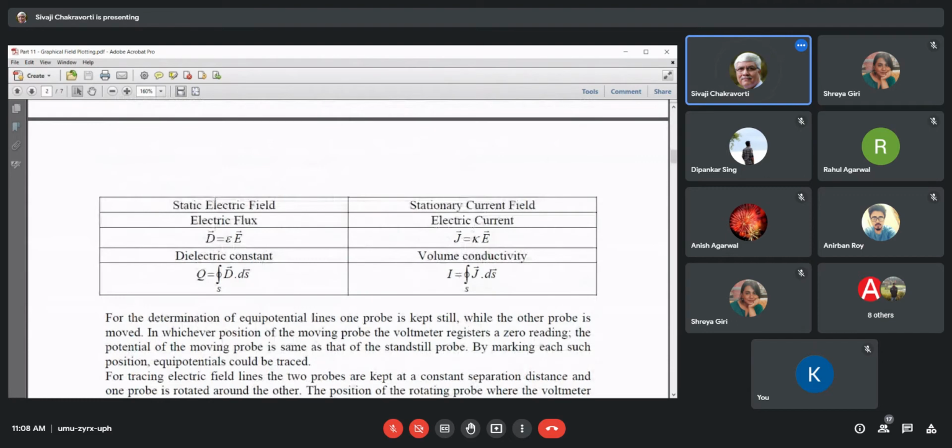That means in static electric field, we have the equation D is equal to epsilon into E.